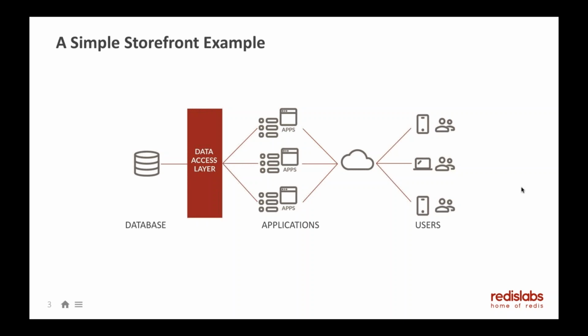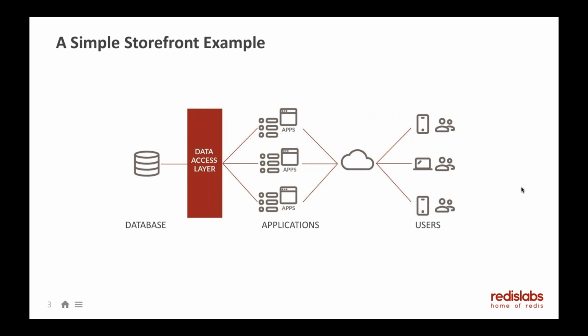Typically, all these apps talk to a database through an abstraction layer. Let's call it the data access layer, and some people call it the data link layer. Whatever it is, usually there is an abstraction layer between the apps and the database.